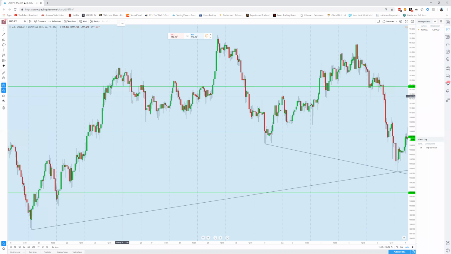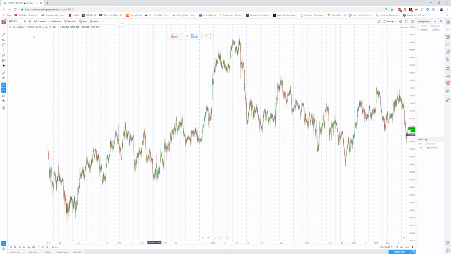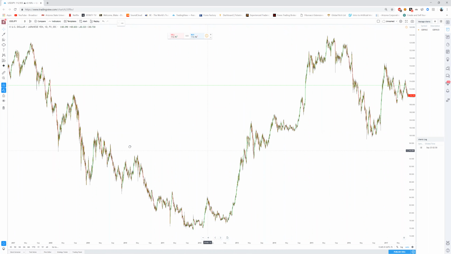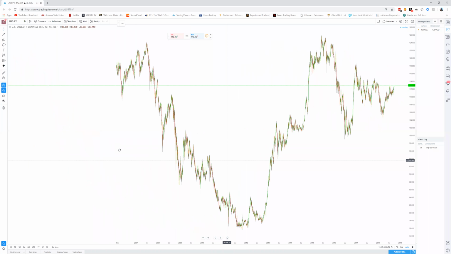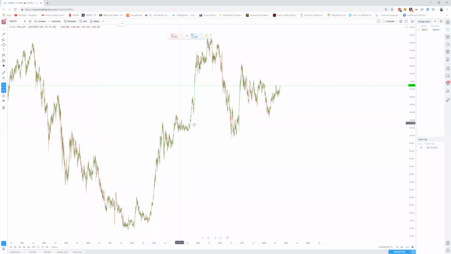So we're going to look at USD JPY. The reason why I like to look at USD JPY is because it is excellent for following most technical analysis. If we zoom out here, we're now looking at the daily, which is a relatively large time frame.